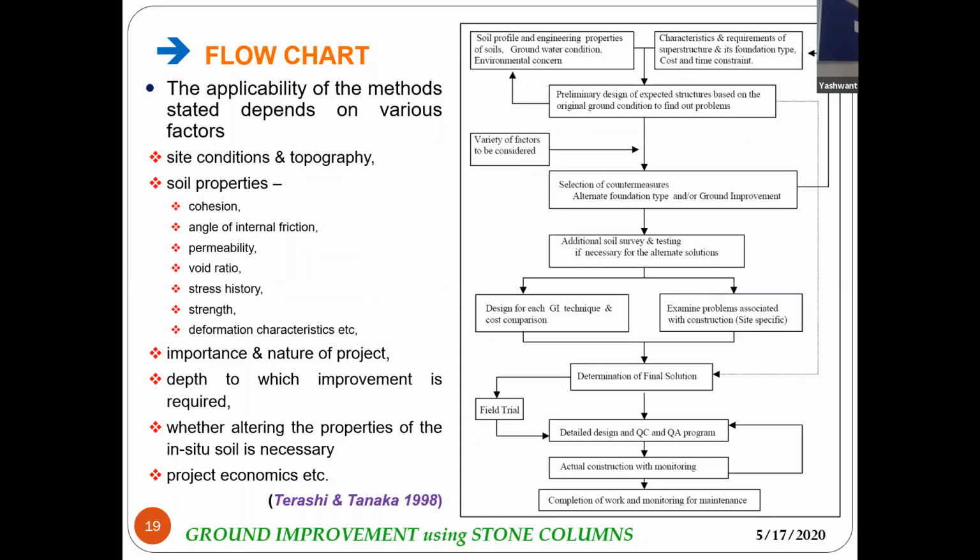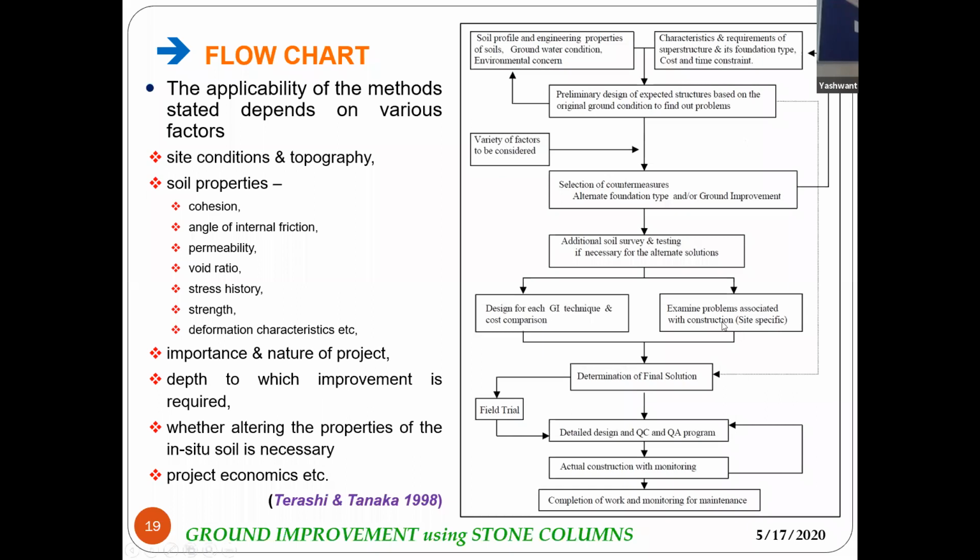The flow chart indicates, if you go through them, some of the tests on the soil will be carried out in the laboratory and some in the site. After we get those parameters, the design for the ground improvement technique and the cost comparison is taken out.